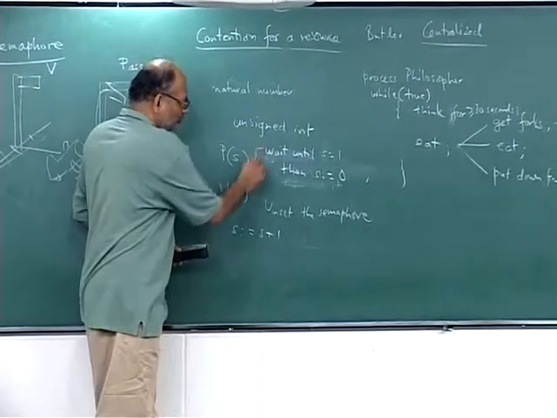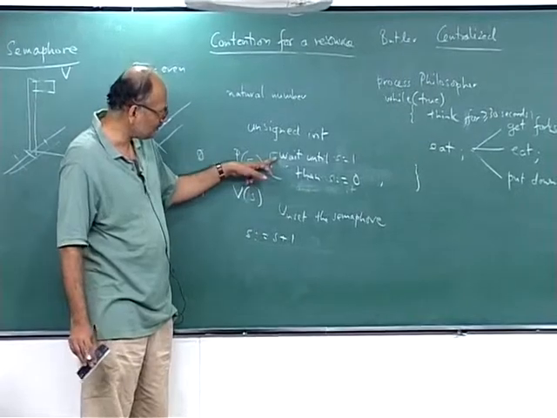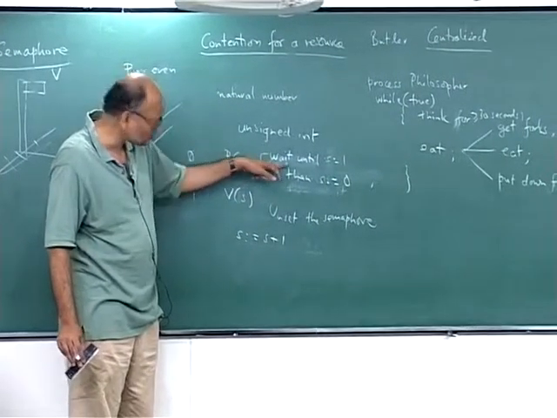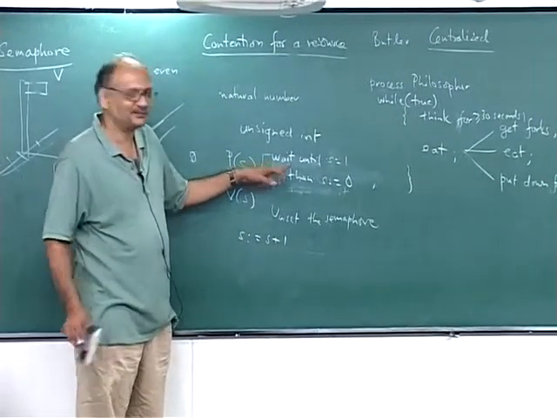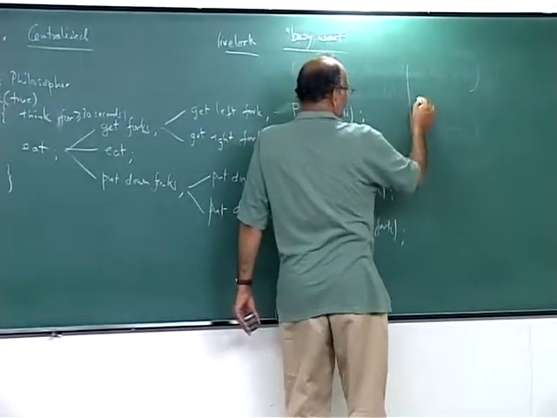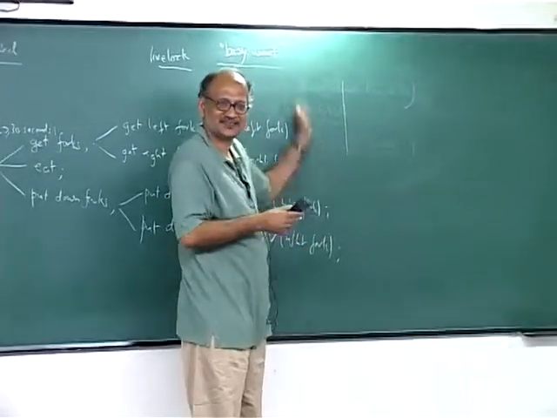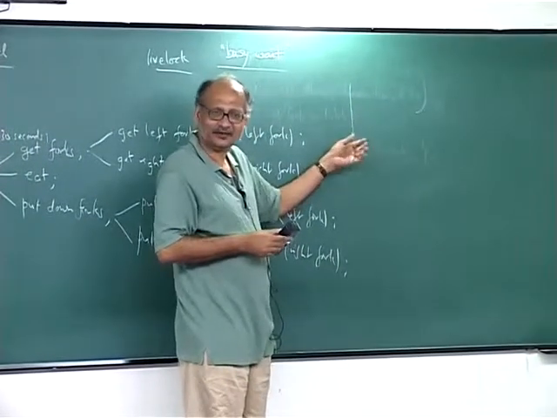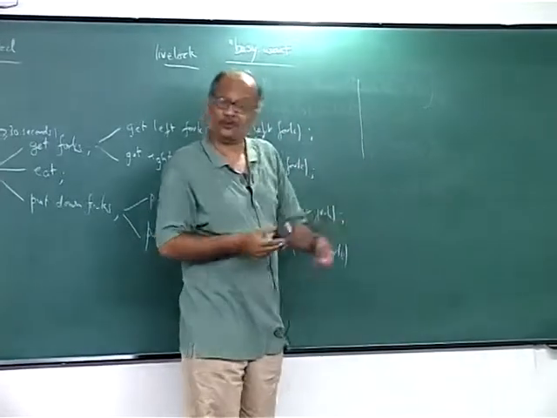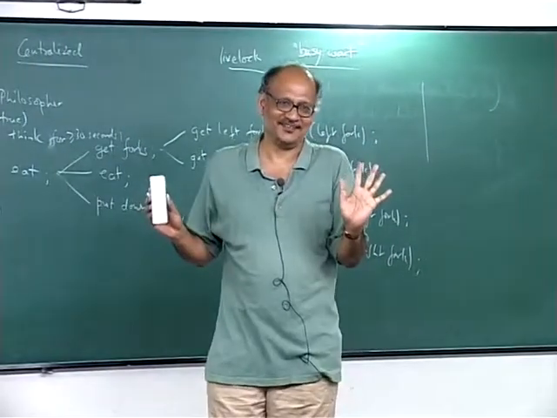So this piece of code, but what does wait until this thing mean? Now if I write this busy wait code here, then this code will keep on executing all the time, and you will exit from this only when you have acquired that resource. Until then you are just waiting, that's all.